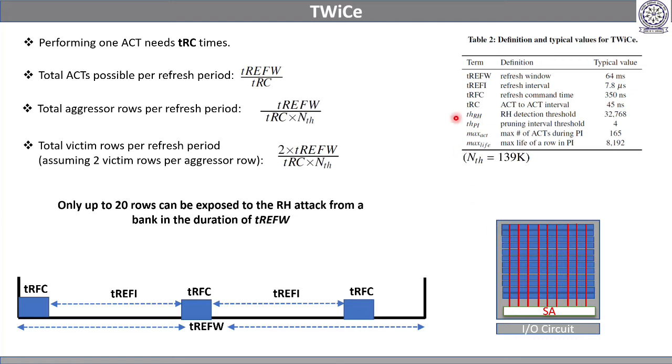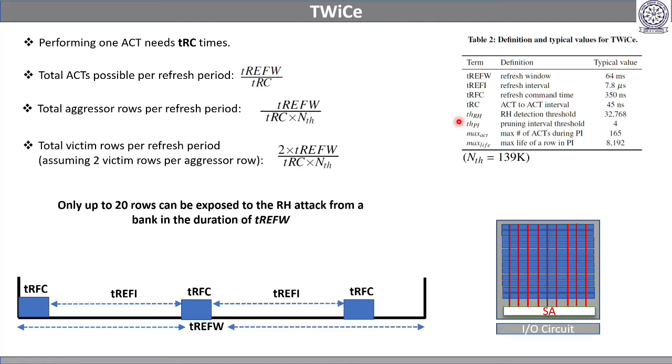And what does threshold mean? If you remember, in one slide I explained that when we are detecting a row hammer, we have to detect it early. If we waste time and detect it too late, that is, if before detection of the aggressor row it has already flipped the victim rows, then there is no point in that detection. So we must detect it early.